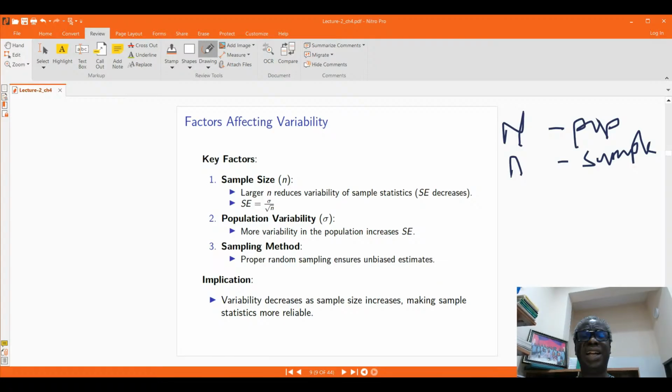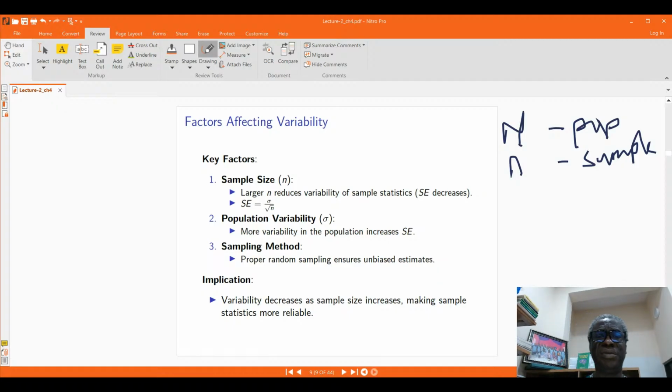So a larger sample size, in other words the more samples you take, here in our example we took a sample size of 2, if you increase it, that will shrink the variability of the sample mean. In other words, at the end of the day, the standard error will reduce.